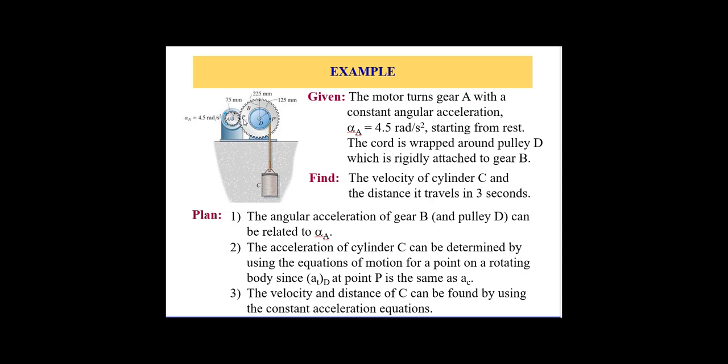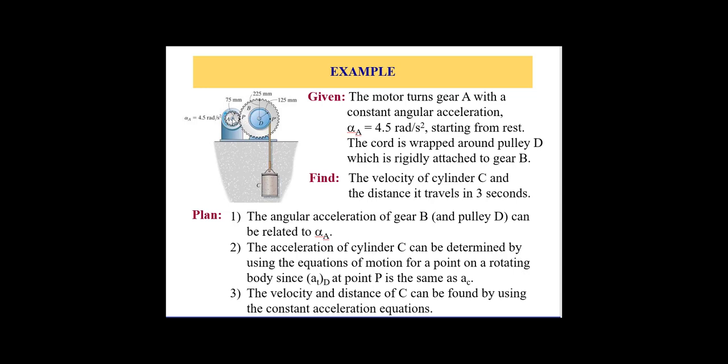How about P? Or how about this gear, because everything is related to that? Well, there's a relationship we can figure out: the tangent acceleration of point P as seen from A is the same as the tangent acceleration of point P as seen by gear B. Similarly, the velocity of P, which is tangent to gear A and B, are equal.